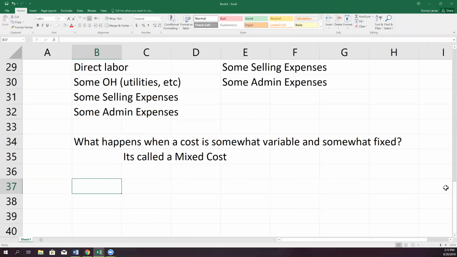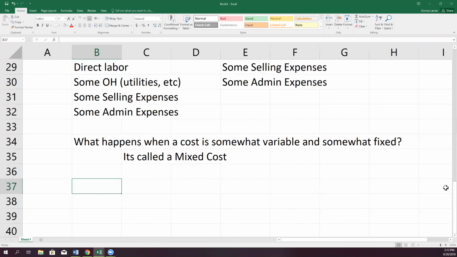You could sign a contract to rent a copy machine or a printer. Maybe it's a printer, copy, fax machine, and you pay a flat amount every month, but then so much per copy. That would be the variable component, the amount per copy. The more you use it, the more the cost goes up. But no matter whether you use it or not, you're still paying that set flat fee for having it each month. So it has a fixed component and a variable component.